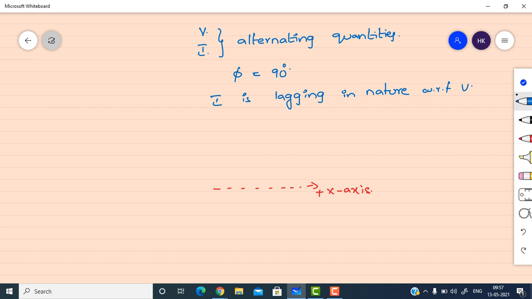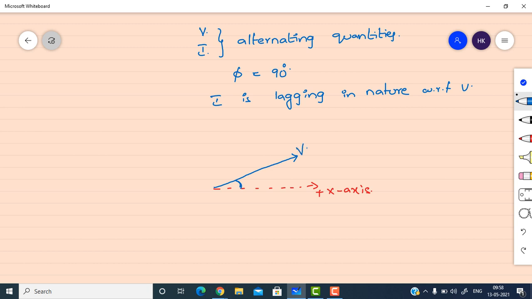Voltage phasor. Here it is indicating that current is lagging in nature. Current is lagging means obviously voltage is leading. Voltage leading means that is a positive phasor, so you have to draw above this positive x-axis. So this is the voltage phasor.